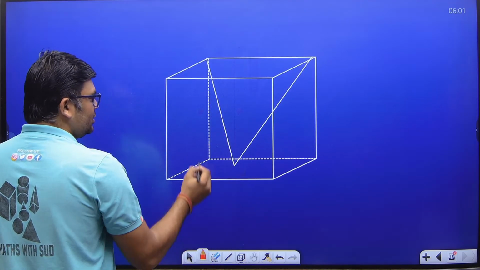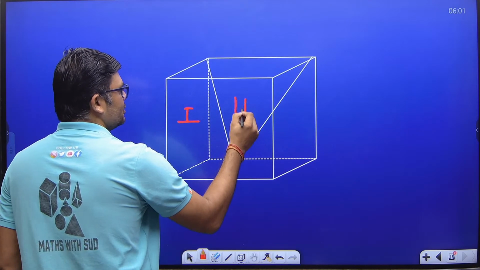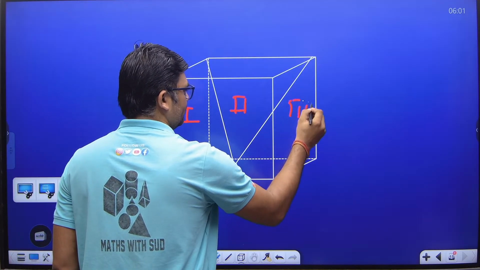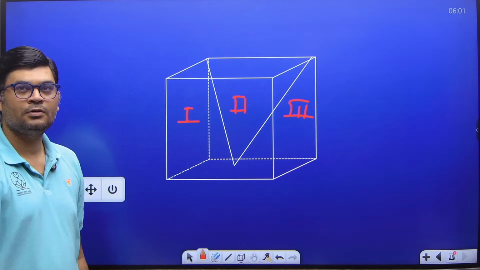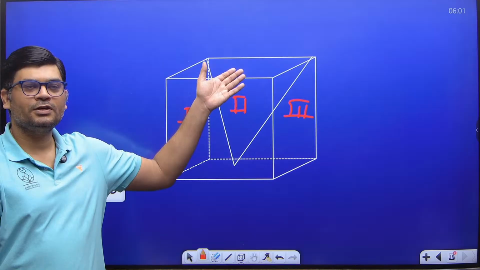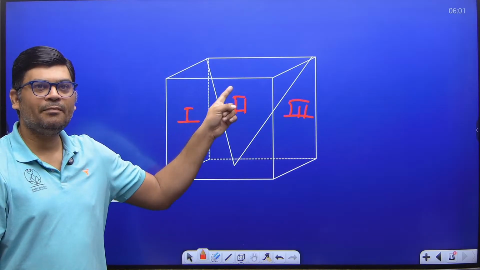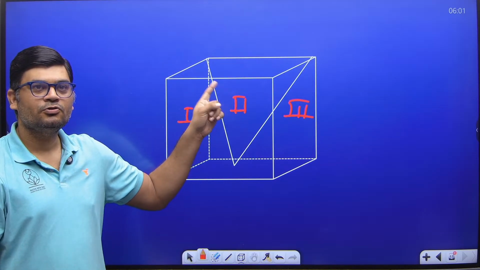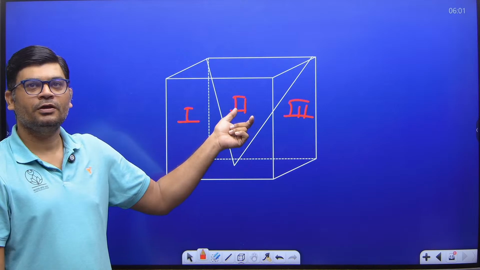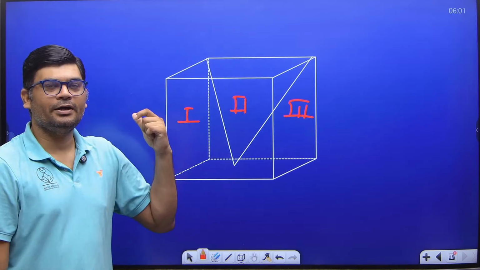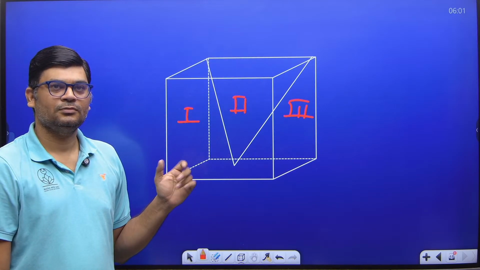Can you see these 3 different sections? 1st, 2nd and 3rd. What shape will come out of this? It will be a pyramid, a square pyramid. So the volume will be 1/3 of area of base into height.